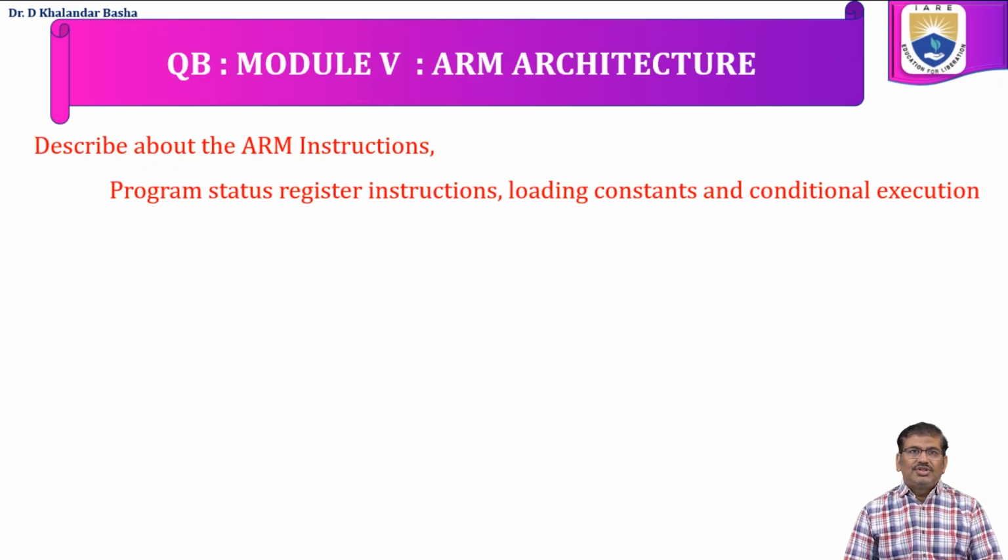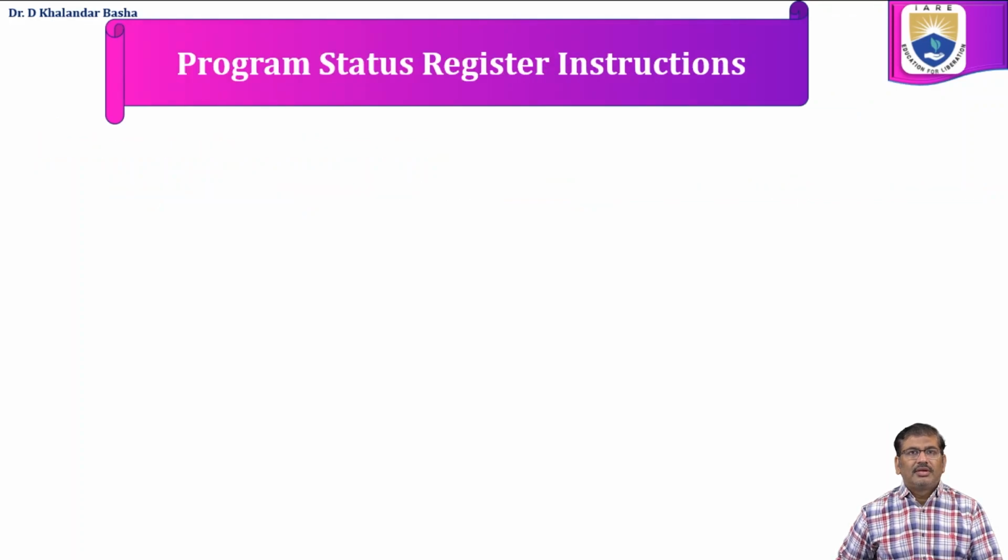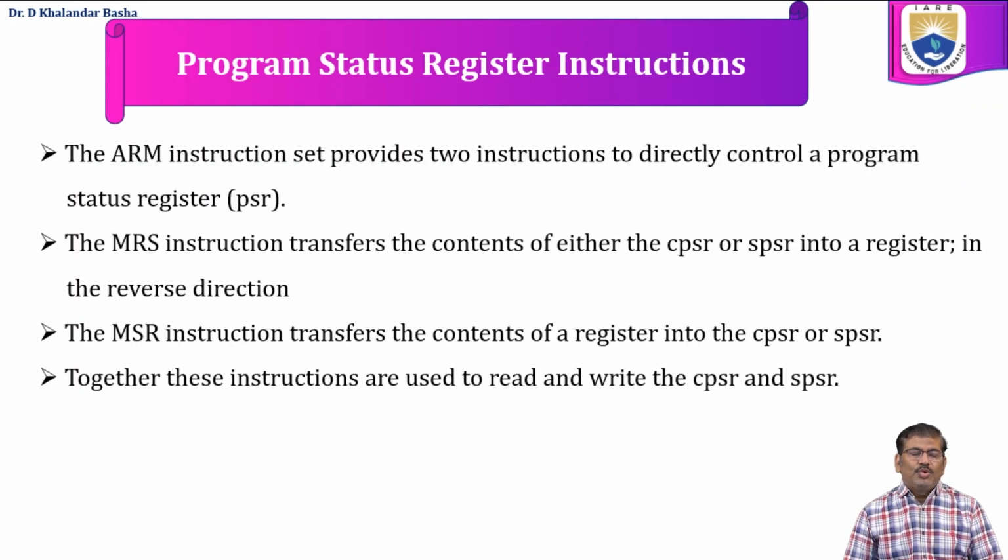The next question is to describe the ARM instructions: program status register instructions, load constant and conditional execution. So, the program status register instructions: the ARM instruction set provides two instructions to directly control a program status register, that is PSR.